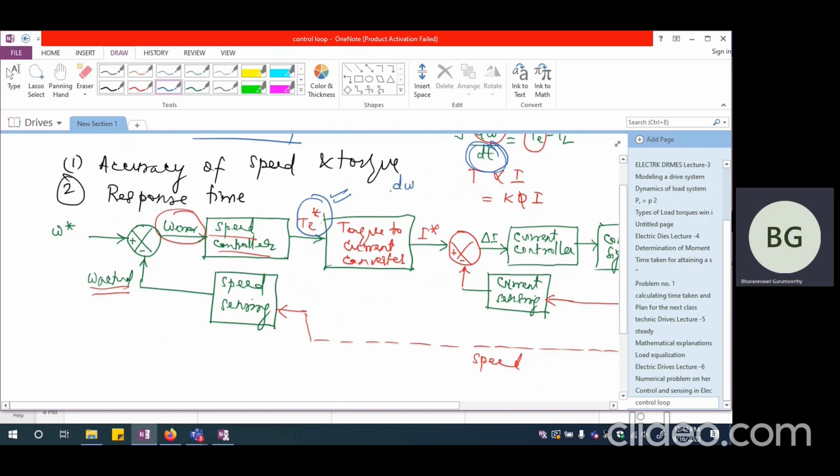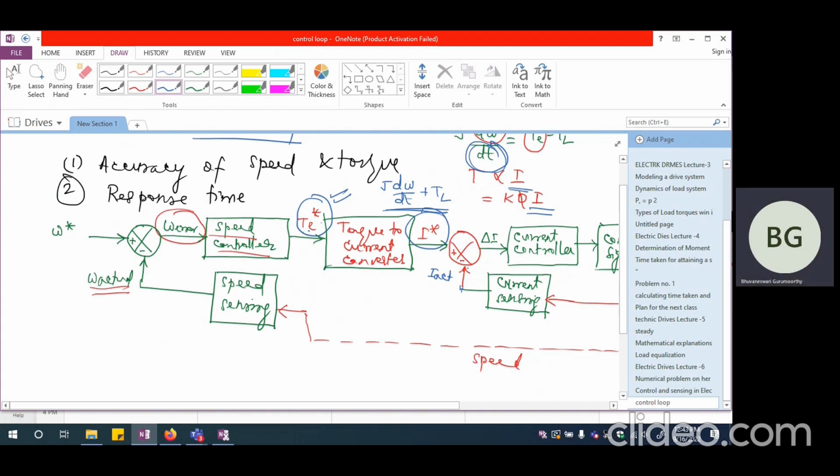What is the d omega by dt I require, and what is the kind of load torque requirement that is being posed by the load. Both of them together will decide what is the electromagnetic torque. Now, this electromagnetic torque is normally proportional to the current. So that will be converted into appropriate current value, which becomes the reference current. And that is compared with the actual current that is received from the current sensor.